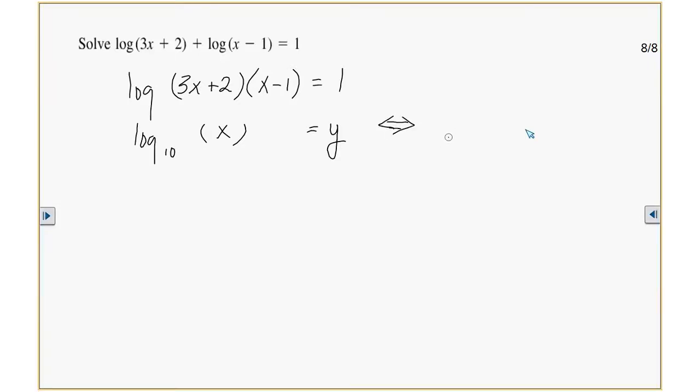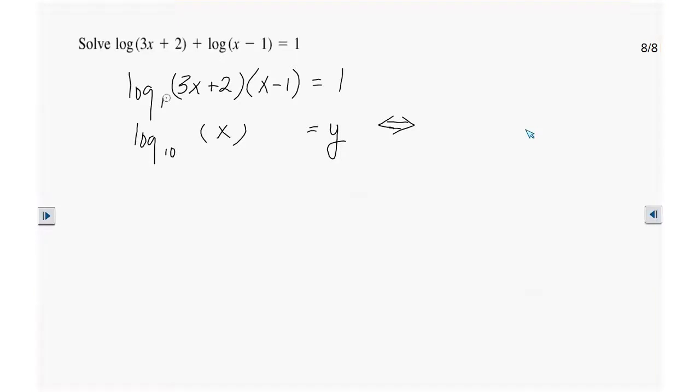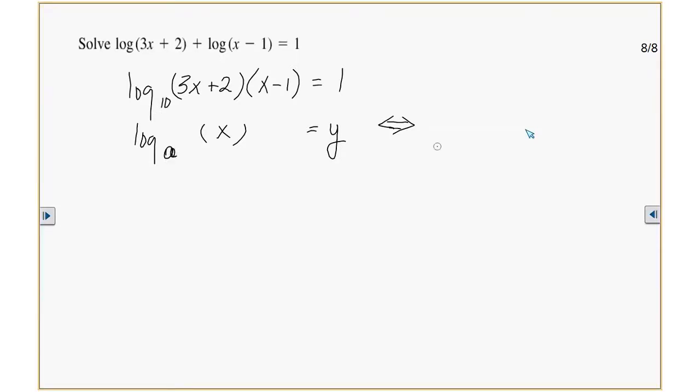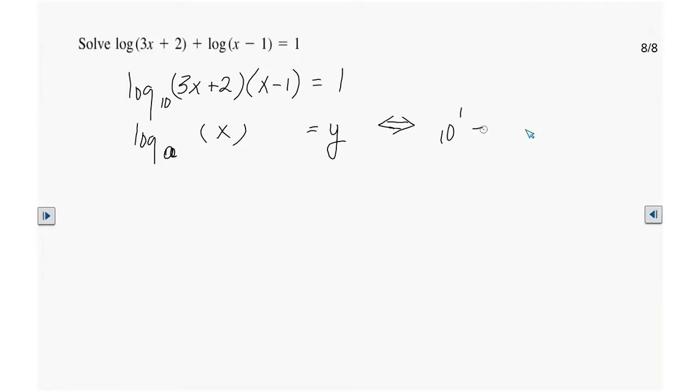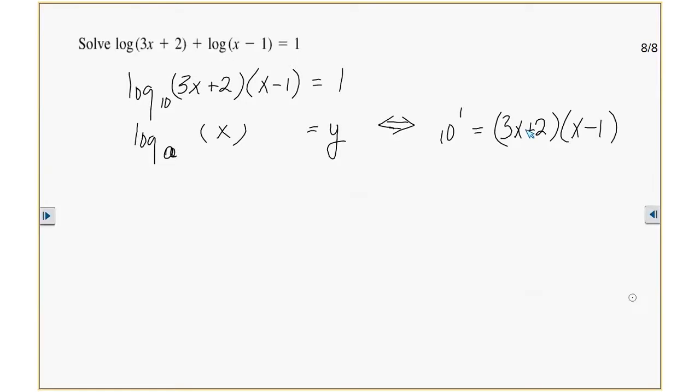A log base A to the y, so that's what? 10 to the what? First power is equal to what? 3x plus 2 times x minus 1.